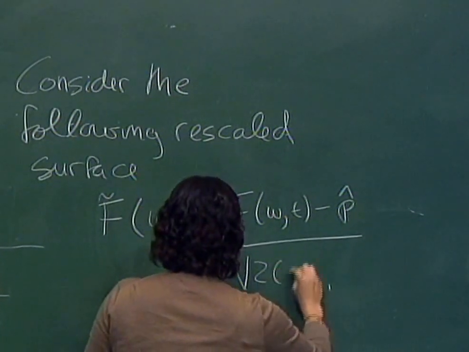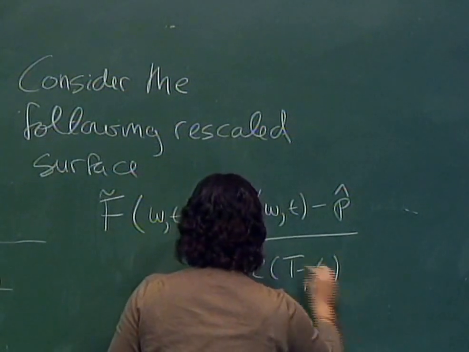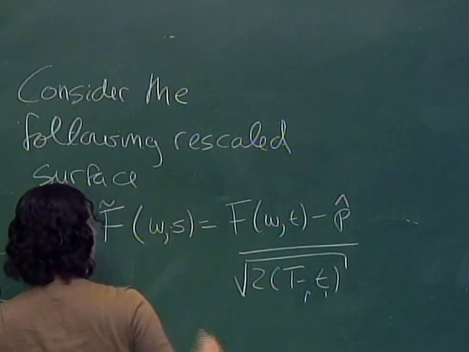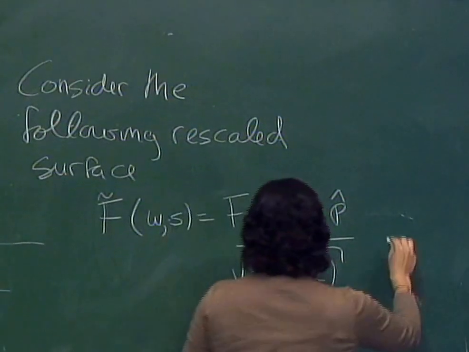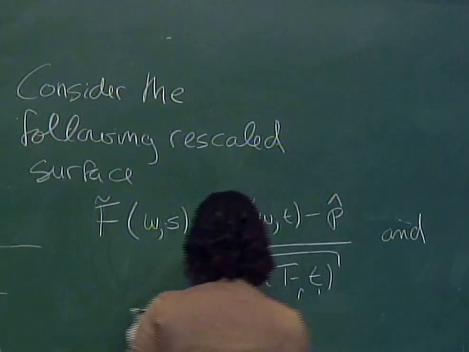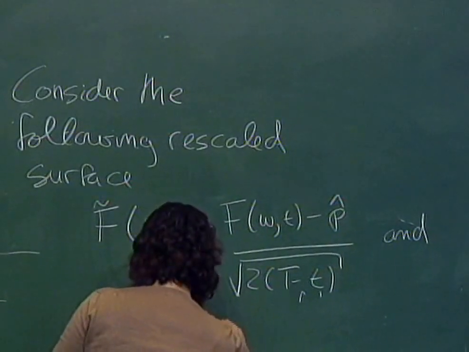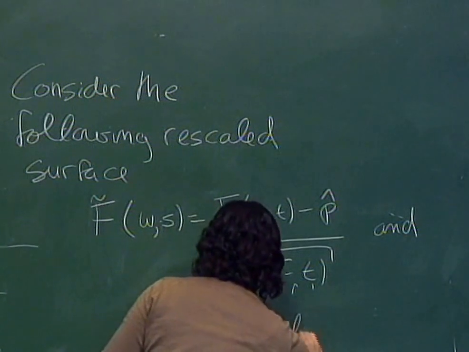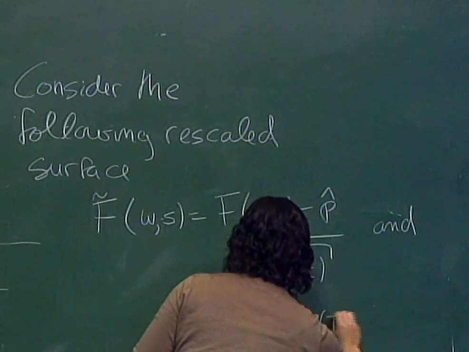Of 2t minus t. Call that S. And S of t is minus 1/2 log t minus t.